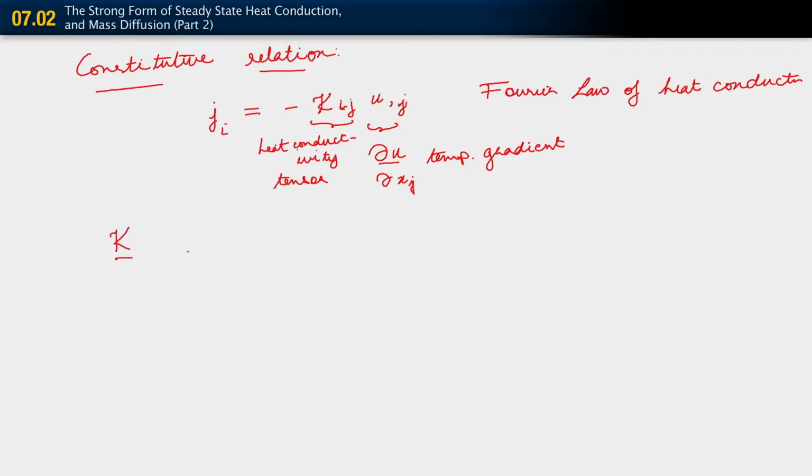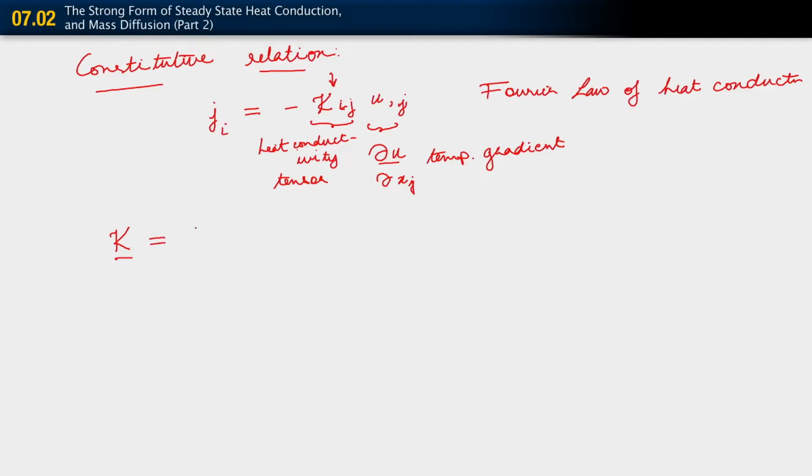It would be kappa, also with an underbar. Like I said, by context, we will understand whether something is a vector or a tensor. Here it's a tensor. Why do we know it's a tensor? Because of the way it acts in this equation. So kappa is direct notation for the heat conductivity tensor.